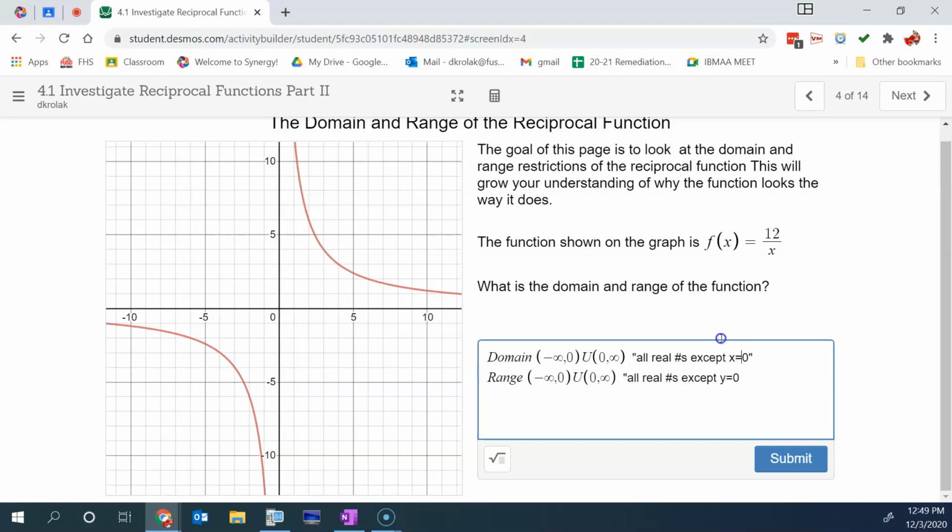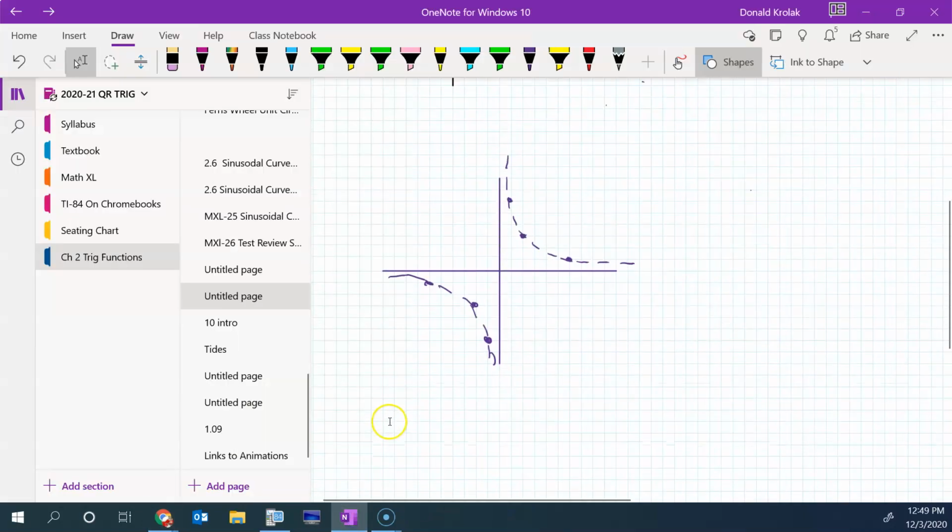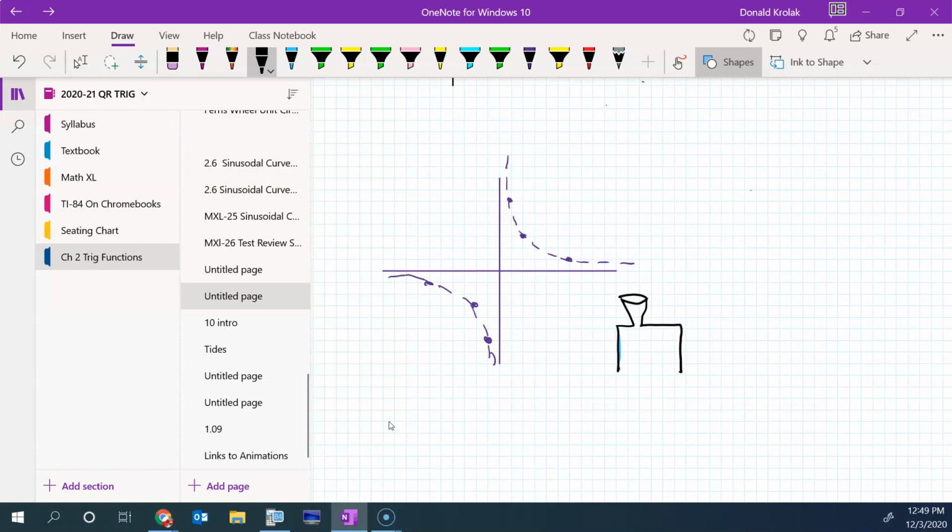If this was a function machine, where you put stuff in and other stuff comes out, you could never put in a 0.